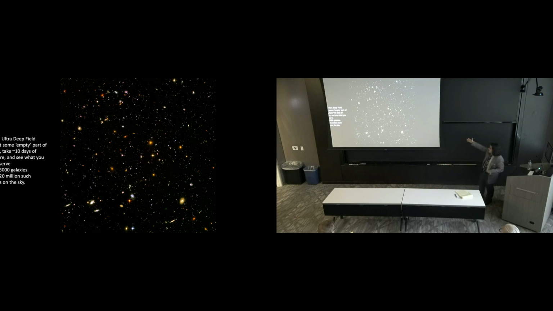And to our amazement, it's beautiful to see, when you look very carefully at what just appears to be a very small black spot of sky, you find that there are tons and tons of galaxies out there.